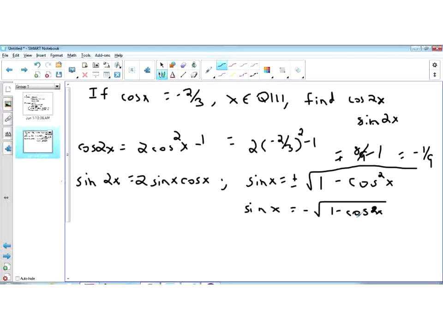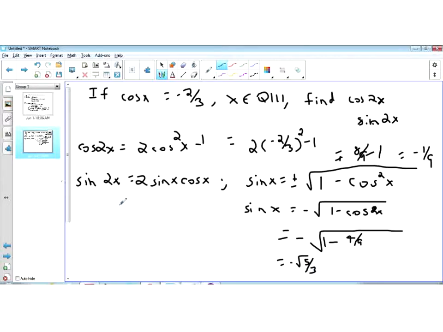Okay, and so we know that the cosine of x is negative 2/3. So in quadrant 3, the sine x must be the negative of the square root of 1 minus 4/9, which would be cosine squared. And so that would be the negative of the square root of 5 over 3.